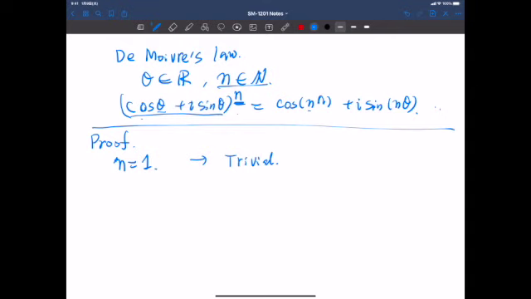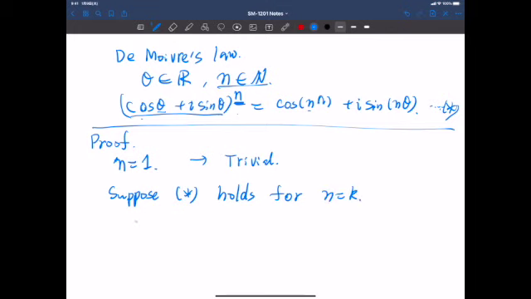Now, suppose the claim, let's say this is star, this equality holds for n equal to k.